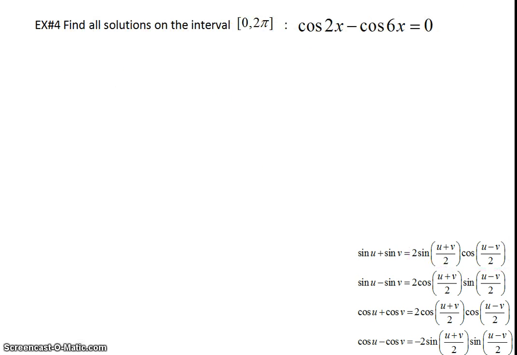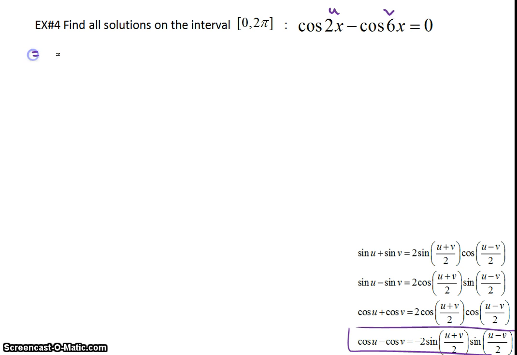So we are done. Okay, so we're going to find all solutions on the unit circle. So you should have your unit circle handy if you don't know it well. And we are going to solve this. So I have a difference, and if I write the difference as a product using the sum to product formula, so the bottom one, then I have two numbers multiplied together equaling 0, so I can use the zero product property. So I'm going to plug it in with my u and my v.